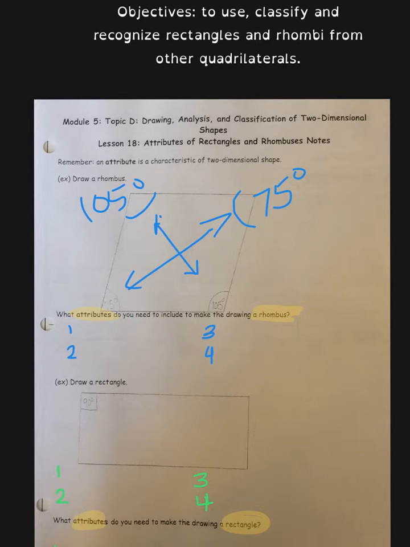But we have a special parallelogram because not only does it have opposite angles the same, we also have two pairs of parallel sides.